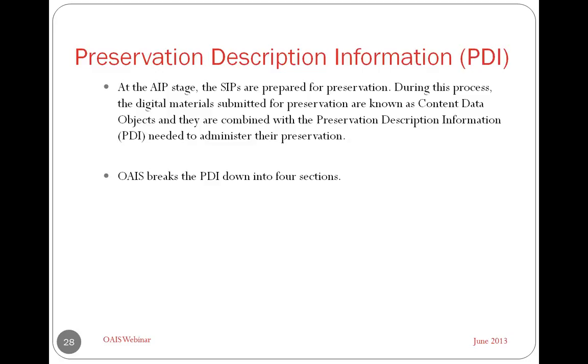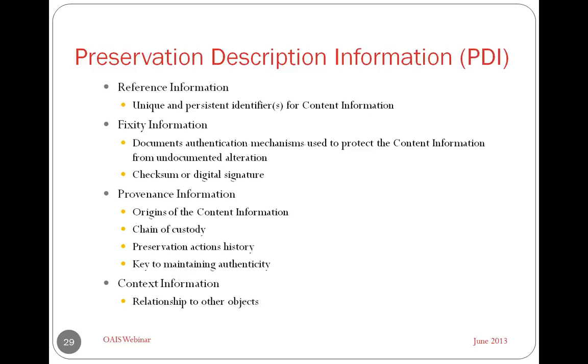The preservation description information, or the PDI, is part of the AIP. It provides the information needed to preserve the content and is composed of 4 sections: reference, fixity, provenance, and context. Now, reference information provides identifiers that allow outside systems to refer to a particular content information.